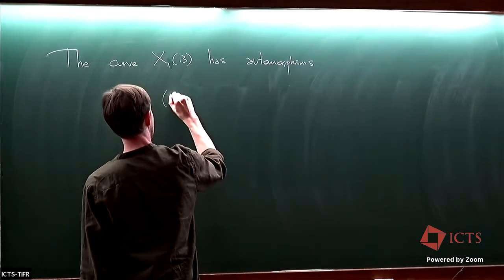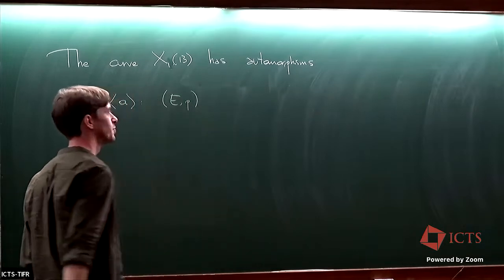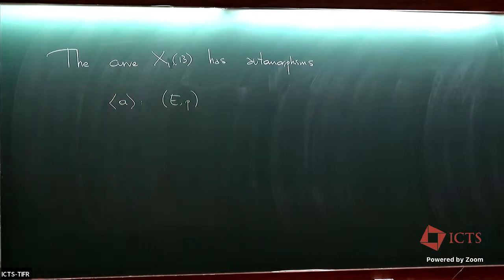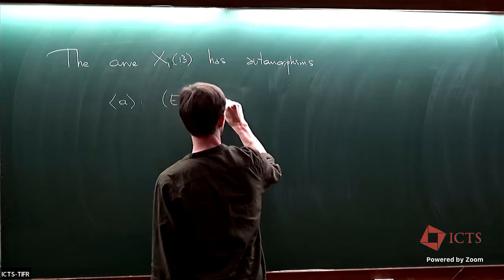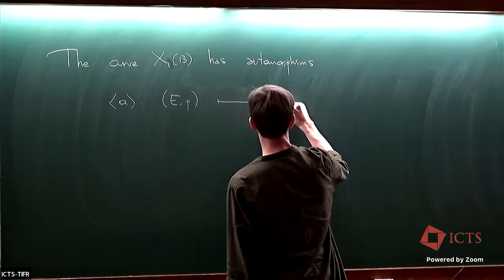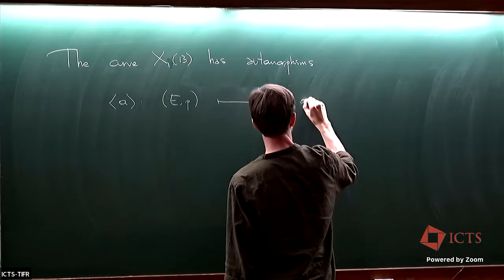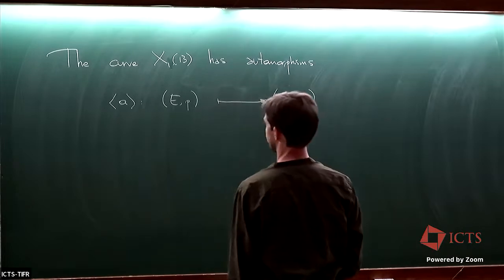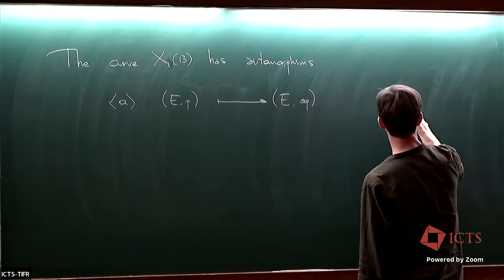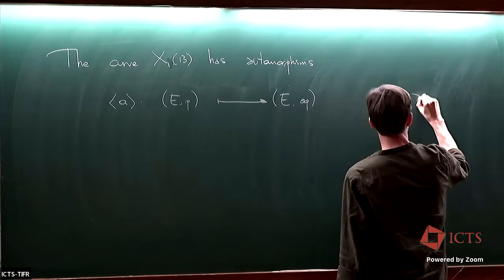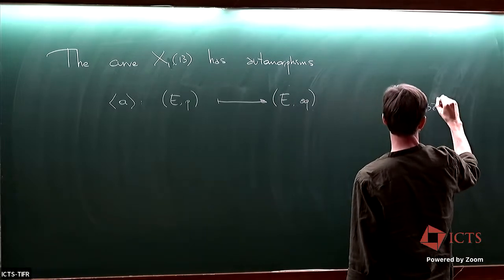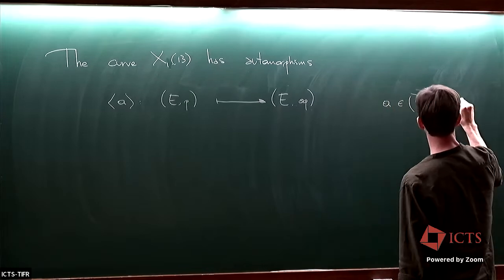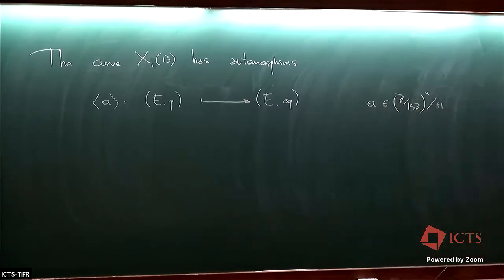If I have my elliptic curve E together with a rational point P of order 13, I can take a number a that's not divisible by 13, and I can just multiply the point by that. I can do this for every a in (Z mod 13 Z) star, and of course plus or minus won't act. So I'm really acting with something in this group.